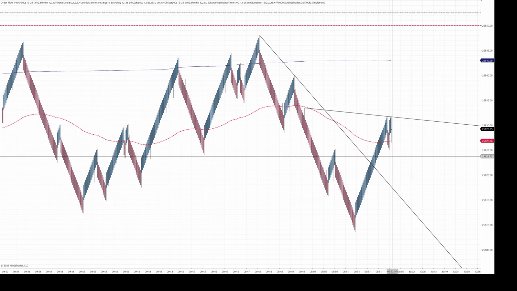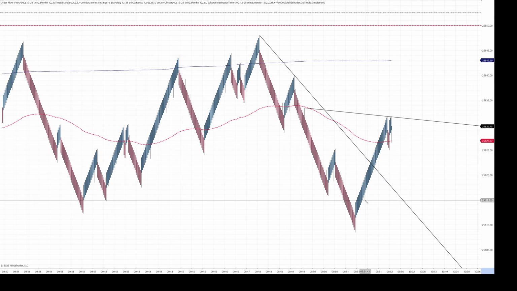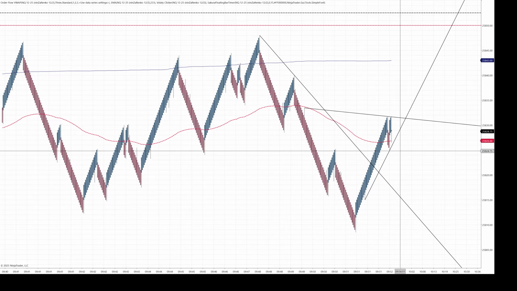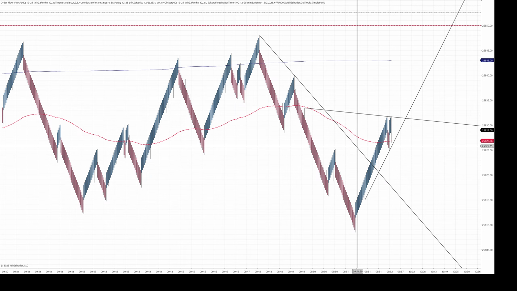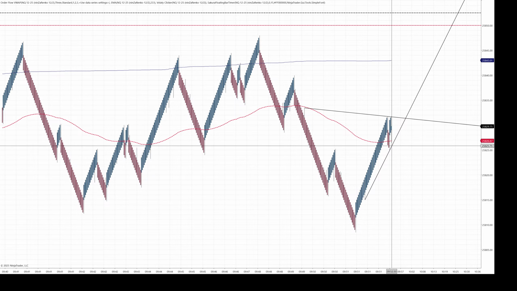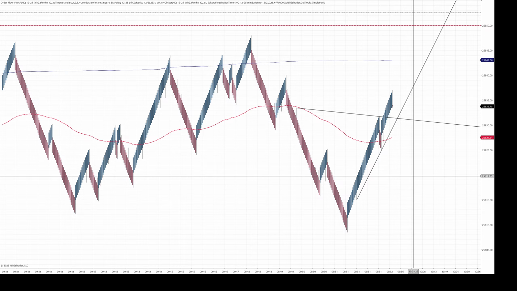But then the question becomes, can I take it to the downside? If we can form the 4 bricks below, the first of the 4 bricks below this trend line here, we can take it bearish. But that's not what happened. It decided to go bullish instead.